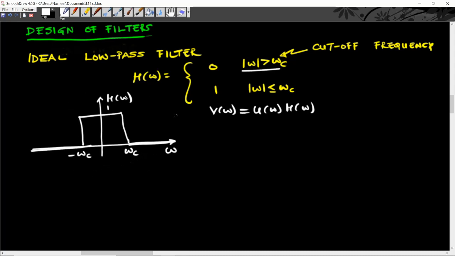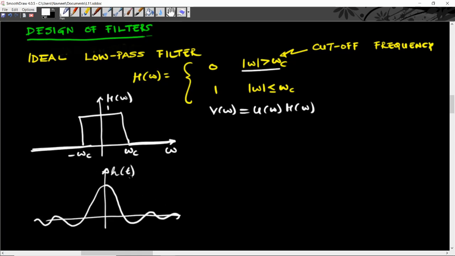And note that this ideal low pass filter is different from our moving average filter. In moving average filter, the function h of t was a rectangular pulse in time domain and its transfer function was a sinc function. In this particular case, in the frequency domain, our transfer function is a rectangular function, and we can expect that in time domain the impulse response function would be a sinc function.